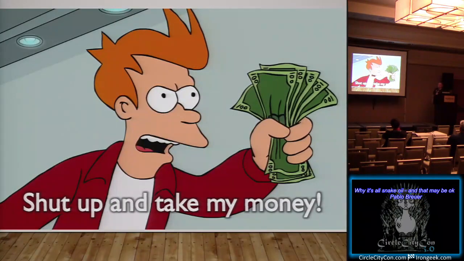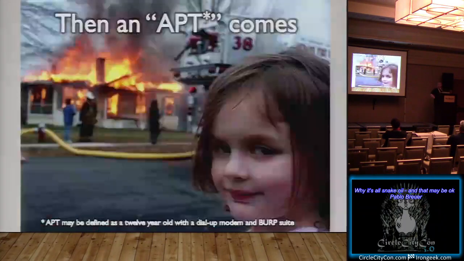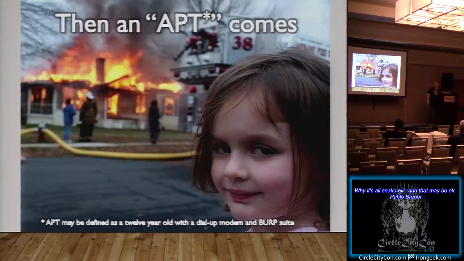And they promise that they're going to keep us safe. And we just throw gobs of money at this. Gobs and gobs of money. And about like 3 to 6 months later, the APT comes along, and our network's on fire. And APT is basically anybody that got past your next generation magic box of pew-pew. Or in this case, a 12-year-old with a dial-up modem and a copy of Burp Suite.